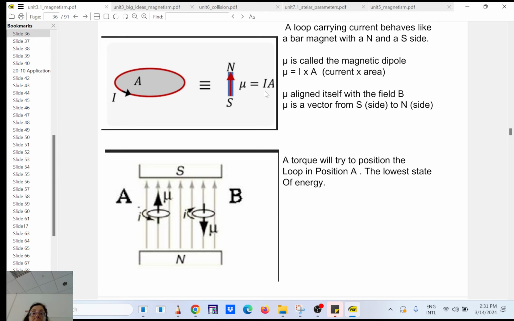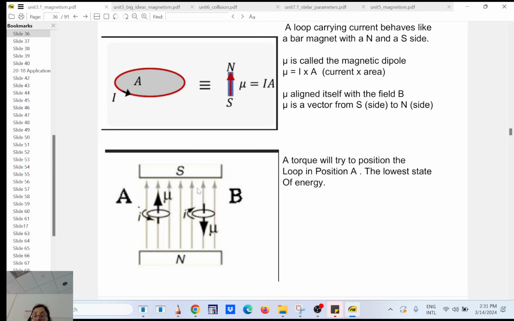Now the quantity here, current times the area, is called the magnetic moment. It is a magnetic dipole, but mu is called the magnetic moment. For now you don't have to worry about it. But you have to understand that this little loop here will behave like a bar magnet.